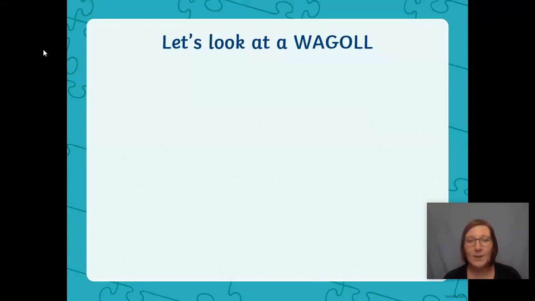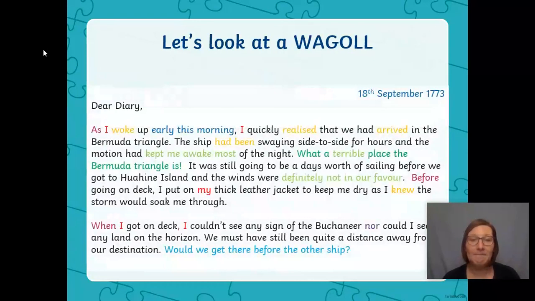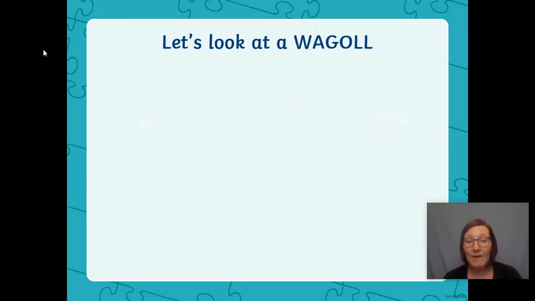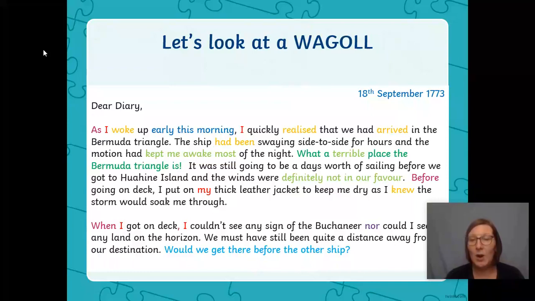We've got first person, there it is in the red. The past tense verbs as well. And we've also got the rhetorical question, I can see right at the bottom. And we've got our I saw a Wabub and our Fanboys in there as well. So we've got our before and our when.